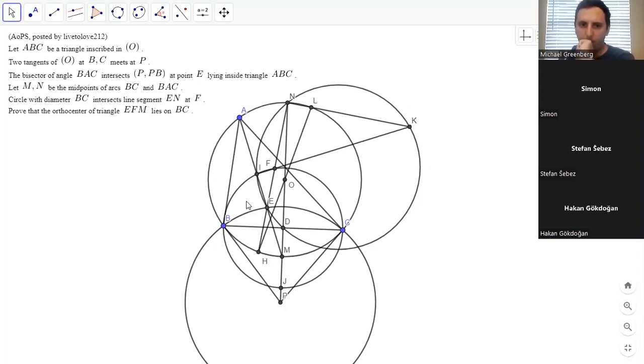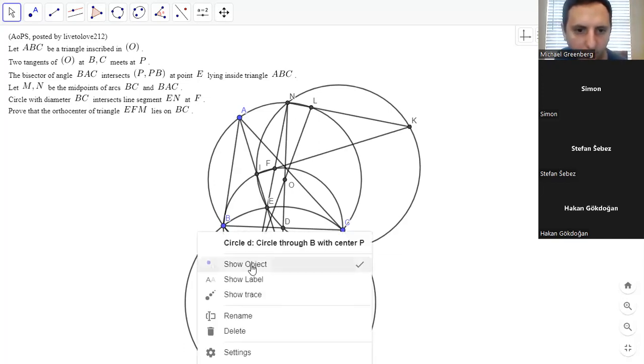We need to use something about point E. And I think you said it earlier that EDIN is cyclic. But yeah, once we know EDIN is cyclic, we don't really need all this, right?